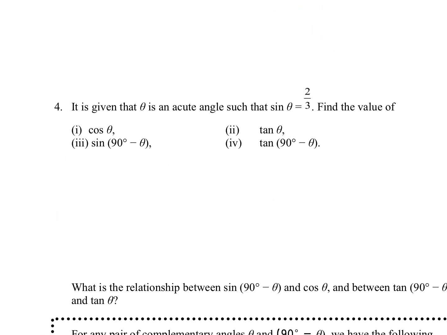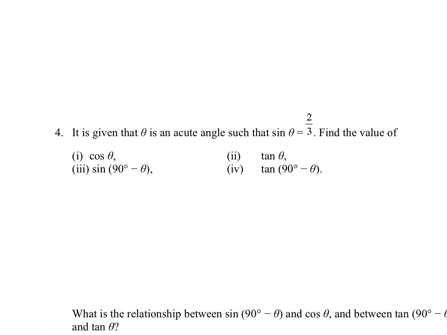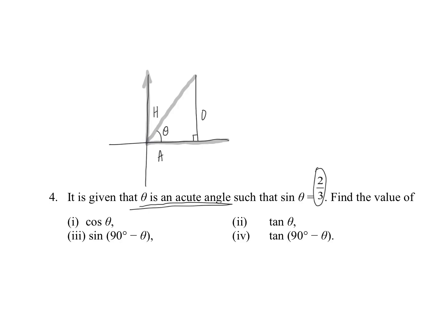Okay, this one. Take note. It says that my theta is an acute angle. So you know that your drawing is within the first quadrant, because acute angle is less than 90 degree. So 2/3 meaning your O is 2, and then your H is 3.